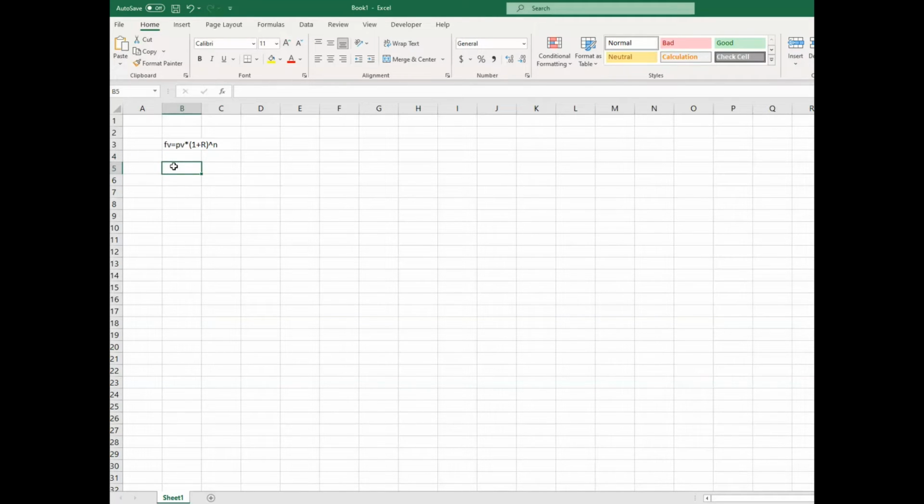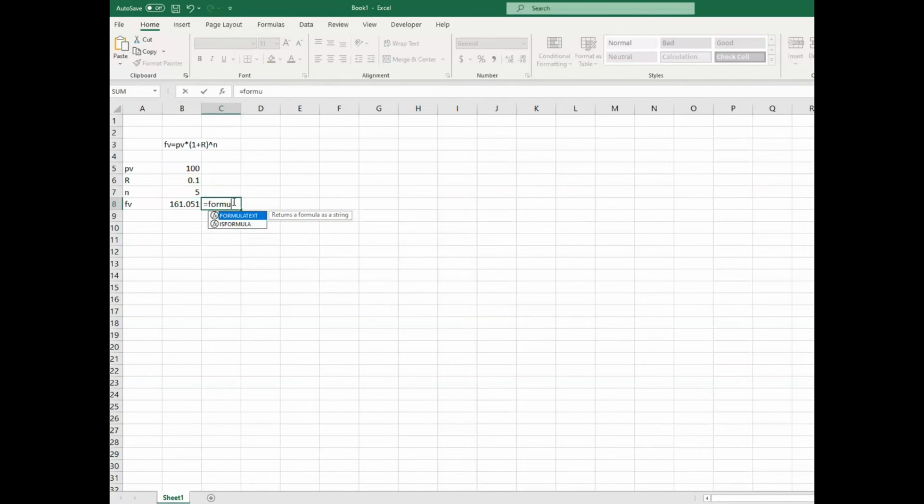Suppose $100 and an interest rate of 10% for 5 periods. This is present value, this is R, and this is N. So future value equals present value times (1 plus R), with the power N.